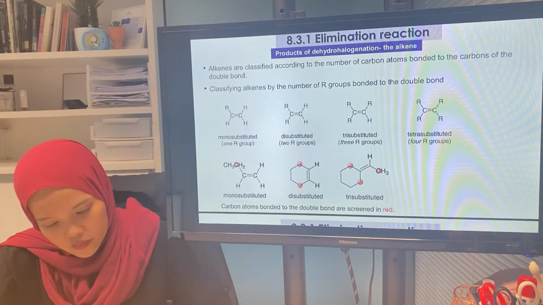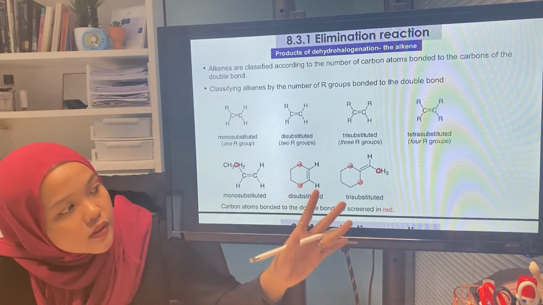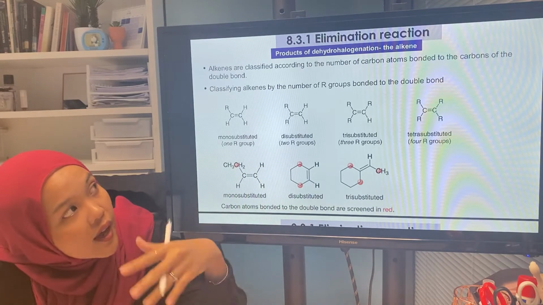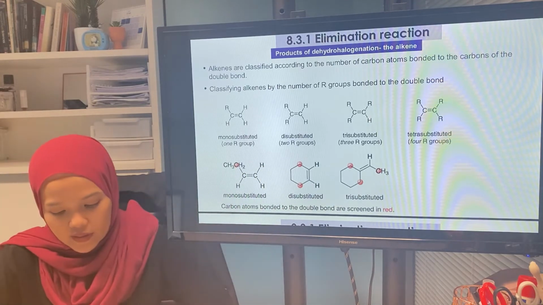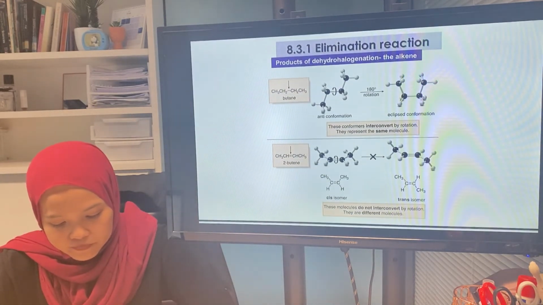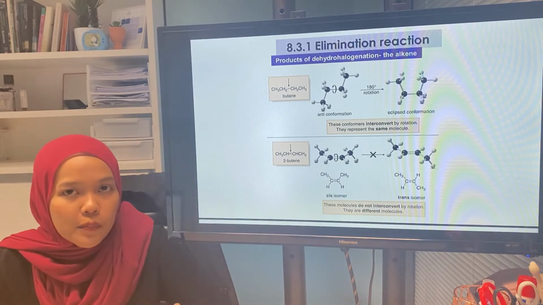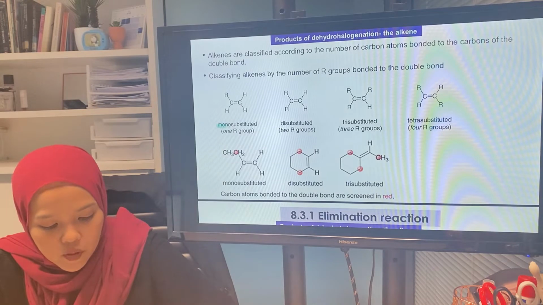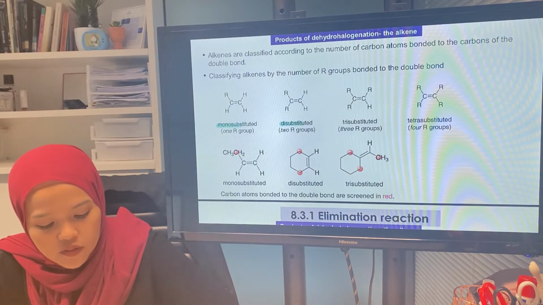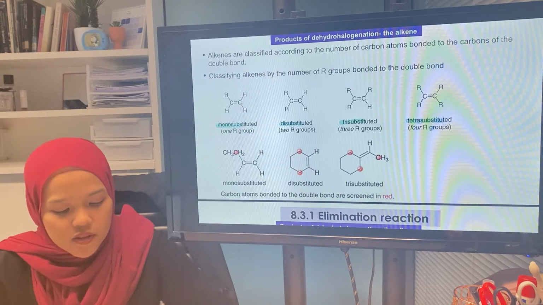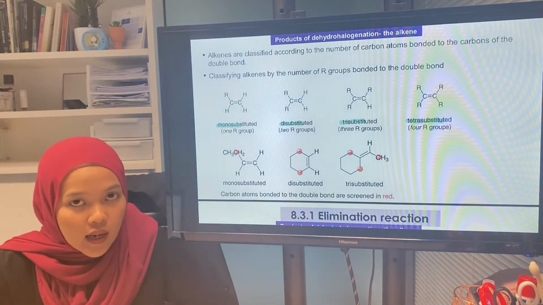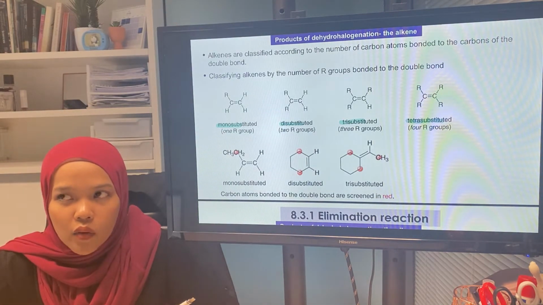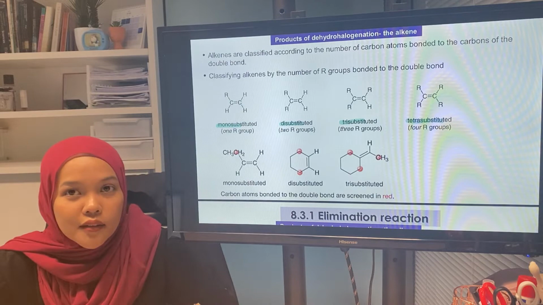This one I am not going to discuss in detail because we have talked about alkenes. When we talk about the product of dehydrohalogenation, you can produce the monosubstituted, disubstituted, trisubstituted, tetrasubstituted, or the cis and trans alkene.